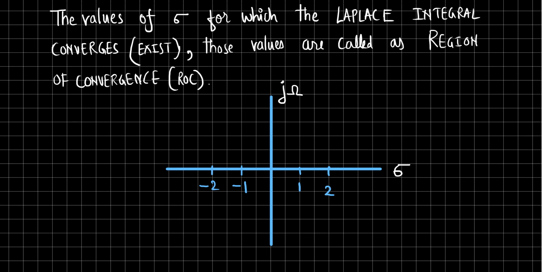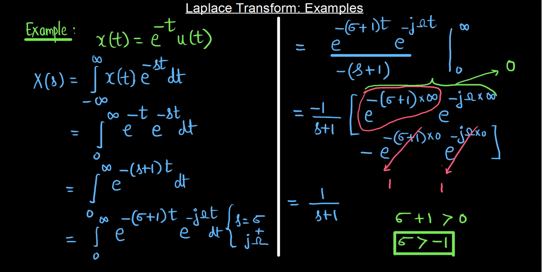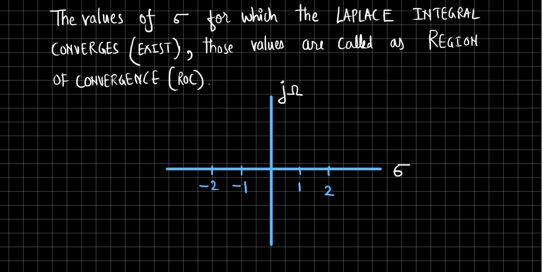And here, as we have obtained a range as sigma greater than -1, anything greater than -1 would converge this integration, or would converge this Laplace integral. So I'll indicate that with a graph something like this.